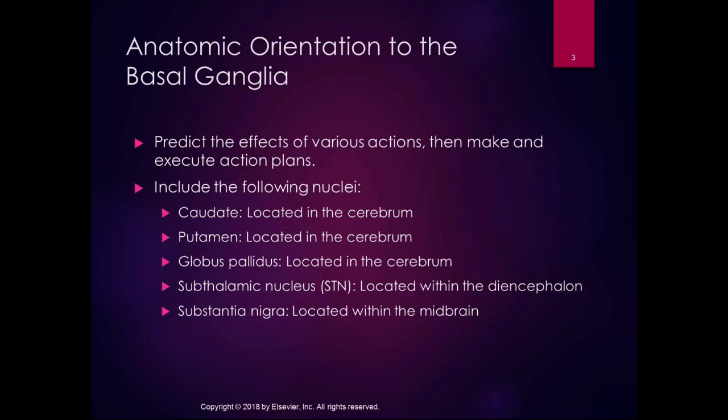The basal ganglia predict the effects of various actions and then select and execute actions largely by inhibiting competing motor actions that would otherwise interfere with the desired movement. So it's not just a matter of choosing movements and doing them, it's inhibiting the movements that you don't want.